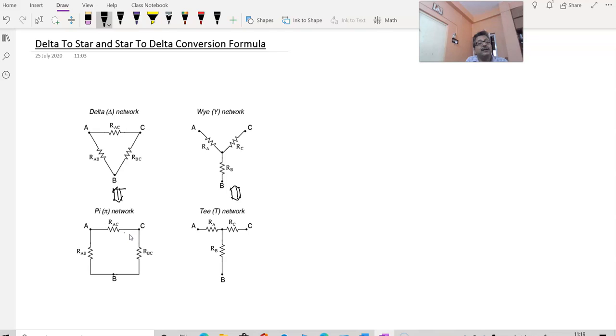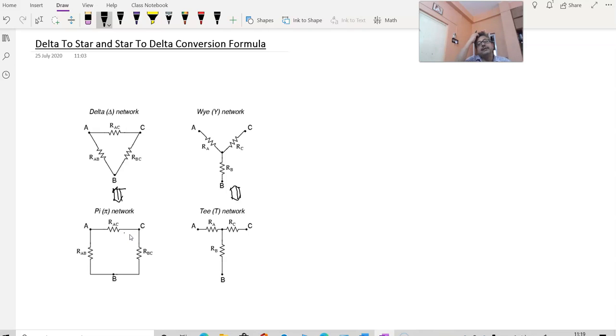But Kirchhoff's law and Maxwell's cyclic current concept are not always convenient, because you have to solve 2, 3, 4 equations. But if you can open the circuit which looks like a delta to Y or delta to T, then our calculation will be easier. Let us see how these two can be compared.